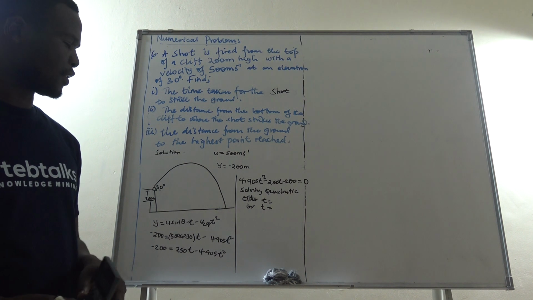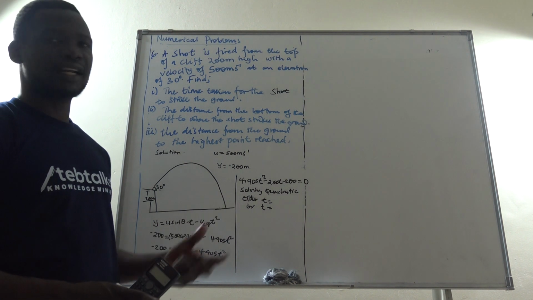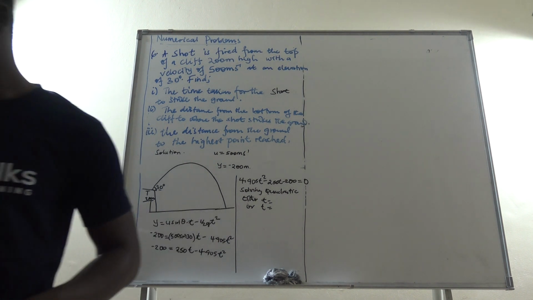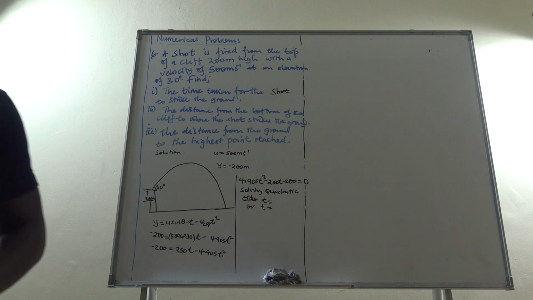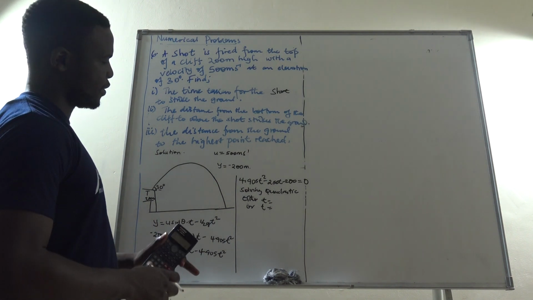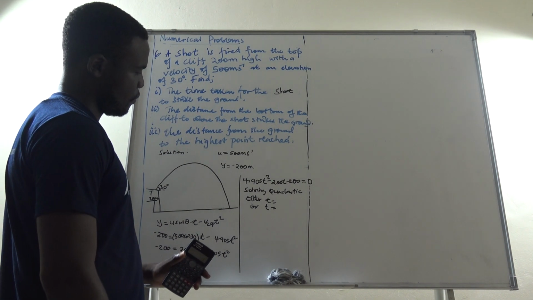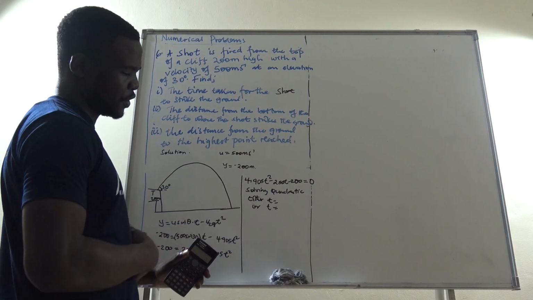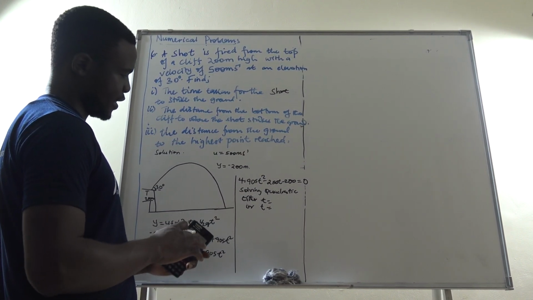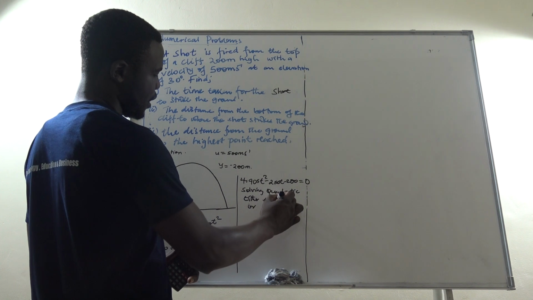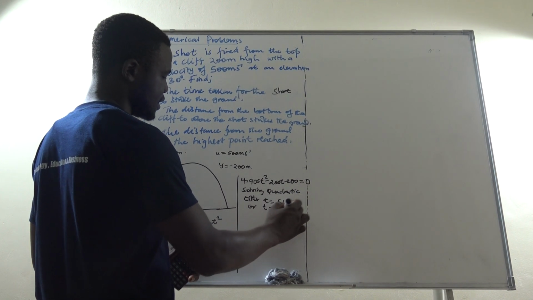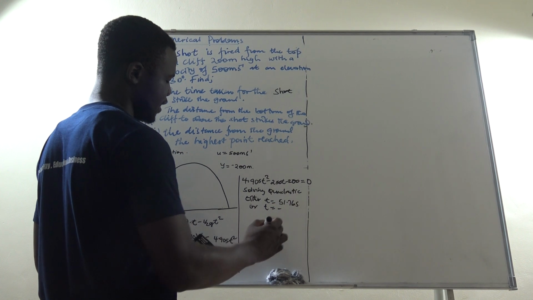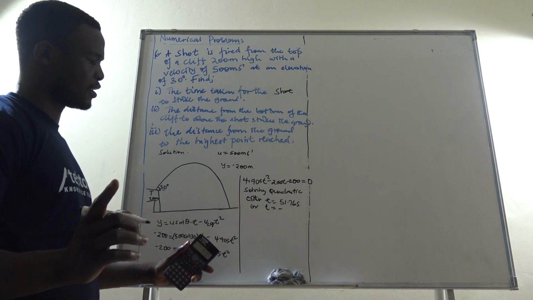Without wasting time, if you press the calculator, you should be in position to get that right. When we solve this quadratic equation, one of the values is 51.76 seconds, then the other value is negative.